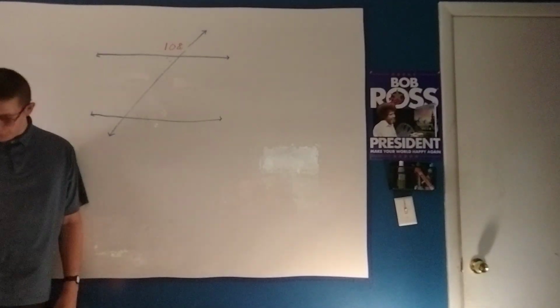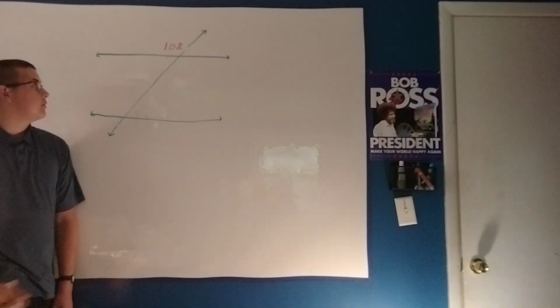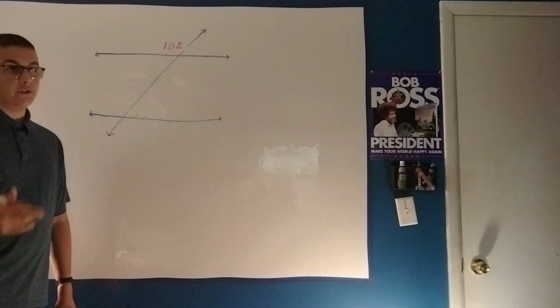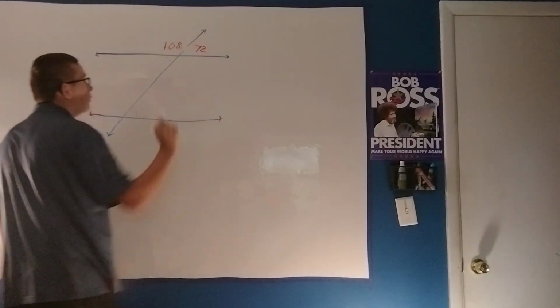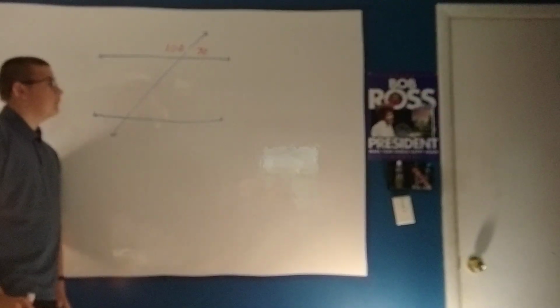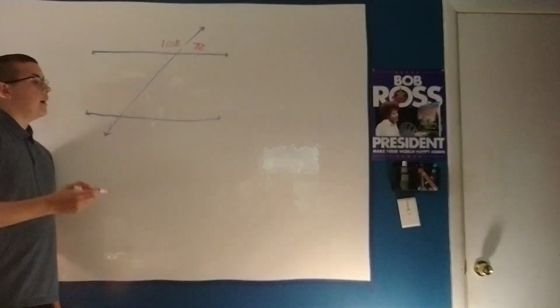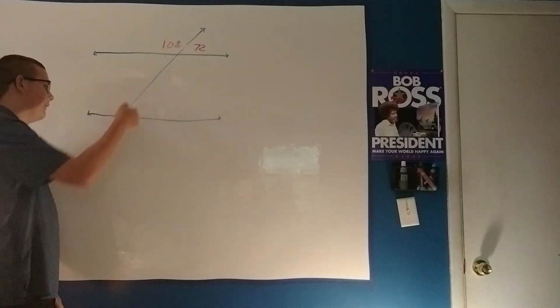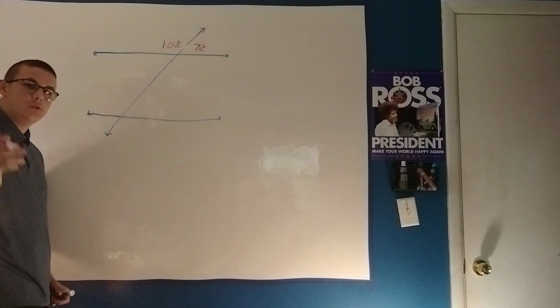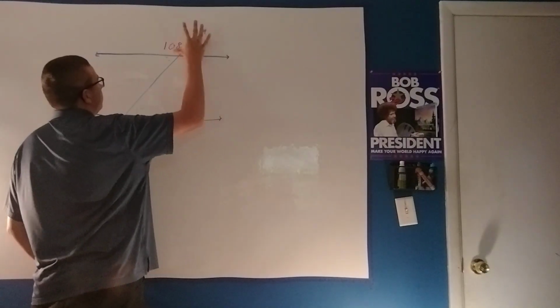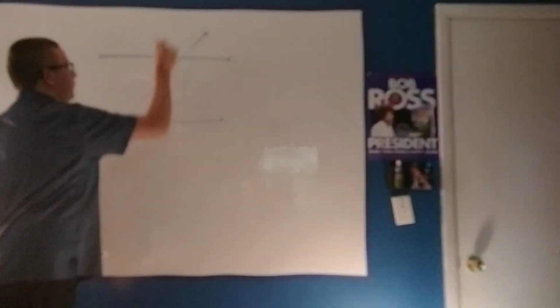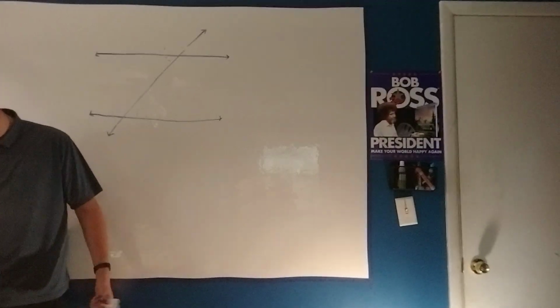What would everything else be? Well, 180 minus 108 is 72, like that. And with that, you can fill everything else out. I'm not going to, just for the sake of time, but you get the point with that.